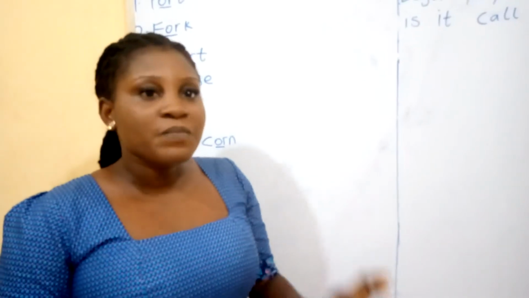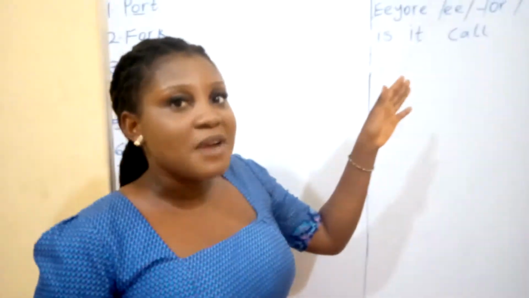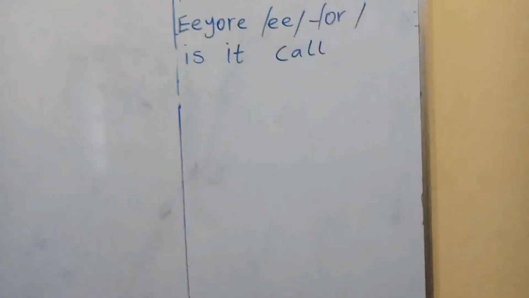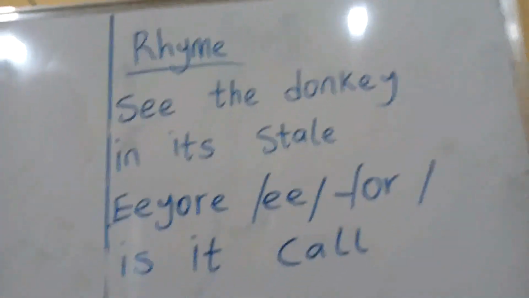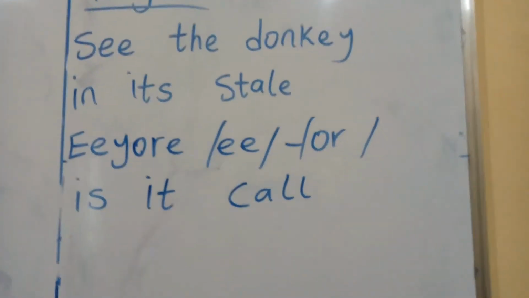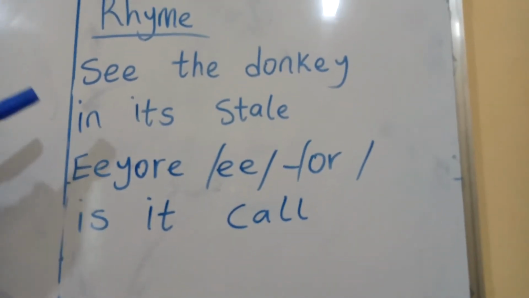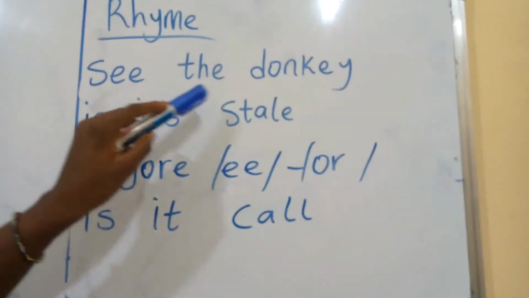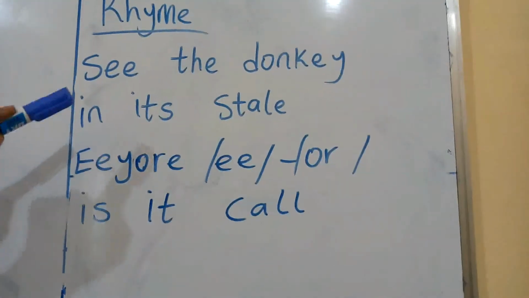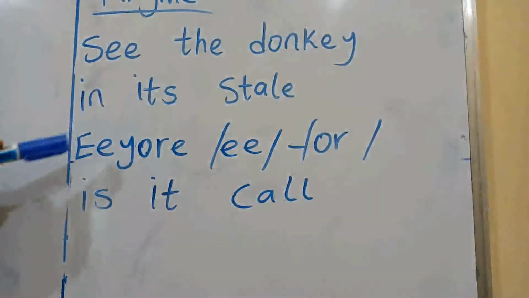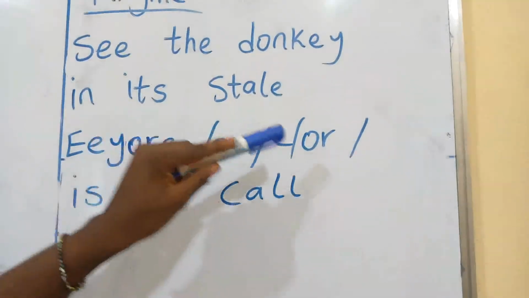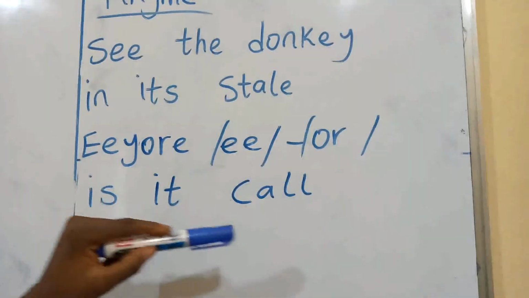So now, let's take this rhyme together. Are we ready? Lovely. Let's go. See the donkey in its tail. E-R, is it car?